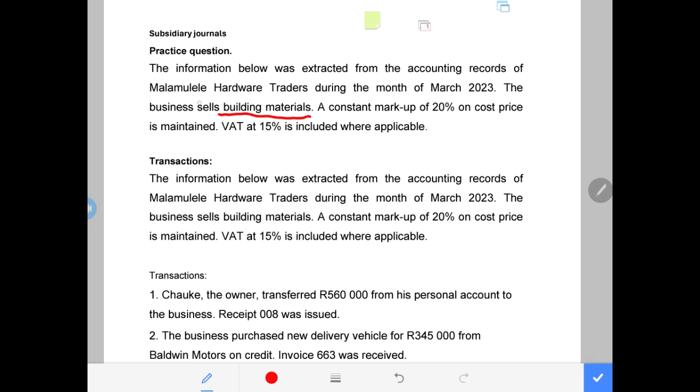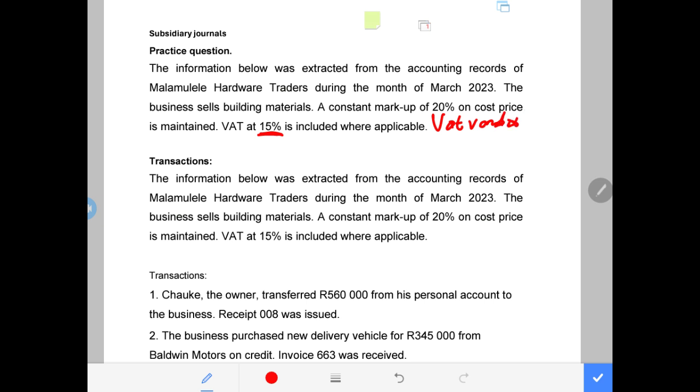So honestly, this is a hardware trading company. A constant markup percentage of 20% on cost price is maintained, and VAT at 15% is included where applicable. So the minute there is VAT inclusivity where applicable, then we can assume that this company is a VAT vendor.